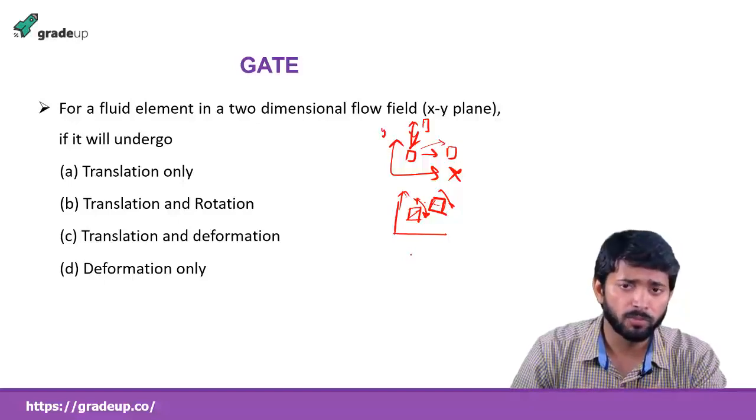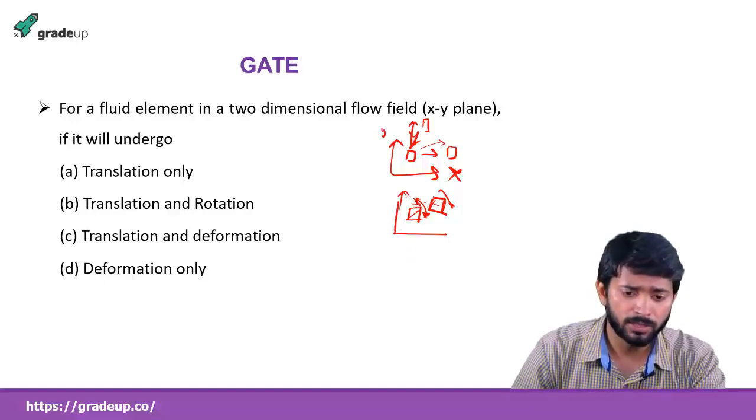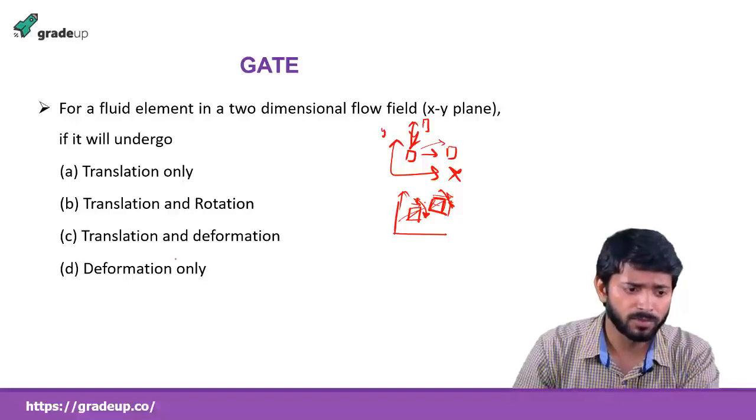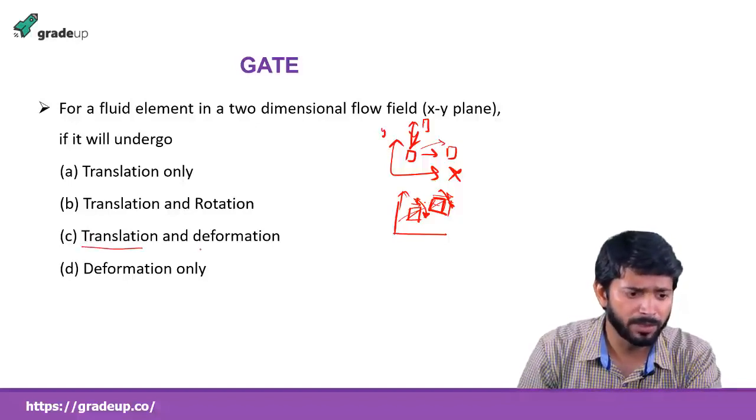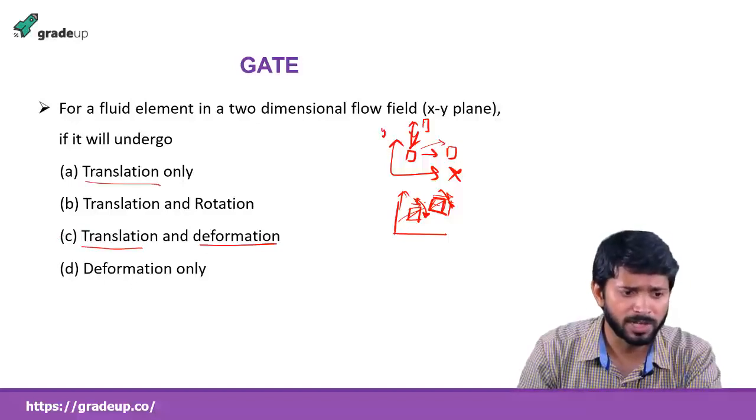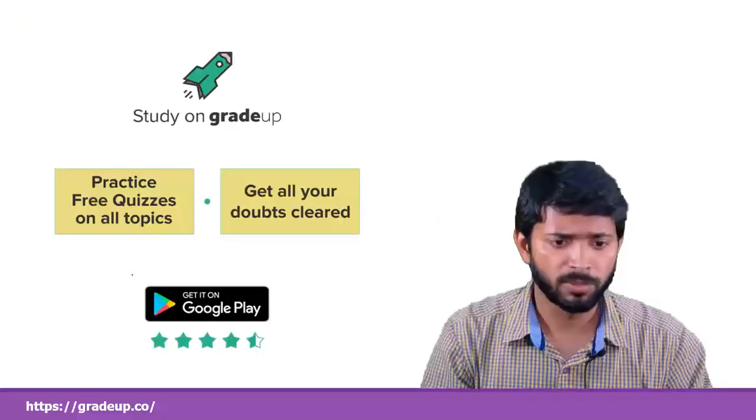It can also deform, as shear due to the viscosity of the fluid. So there may be any condition. It may be translation or deformation. It is not necessary to have only translation or only deformation.